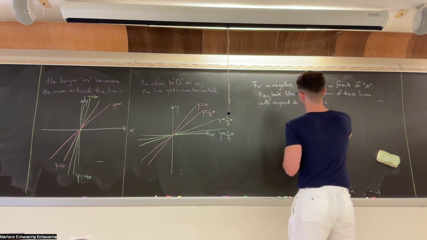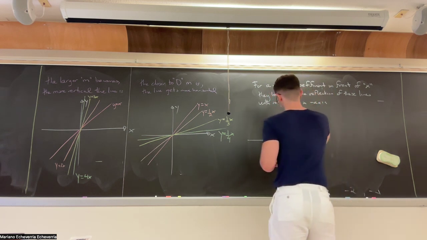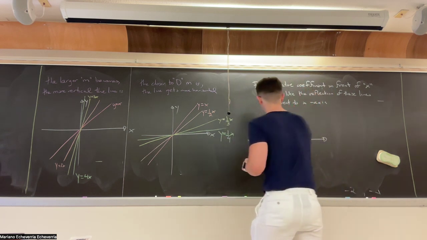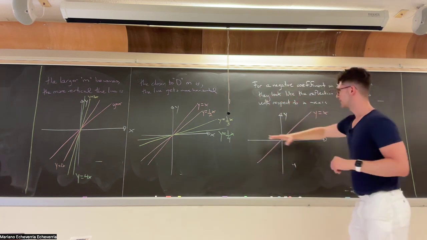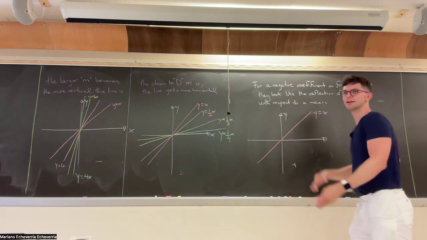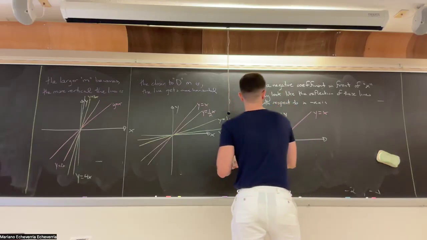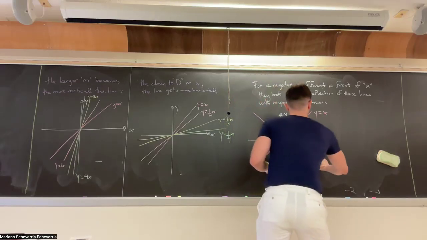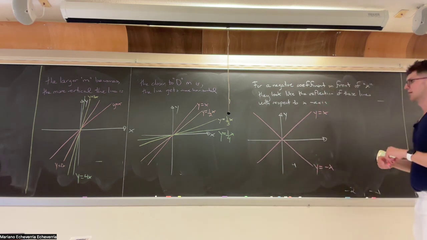So what I mean by that is, for example, here's y equals x. Just imagine putting a mirror on the x-axis and the image gets reverted, and so y equals negative x would be something like this. It looks like the mirror image of the other one.